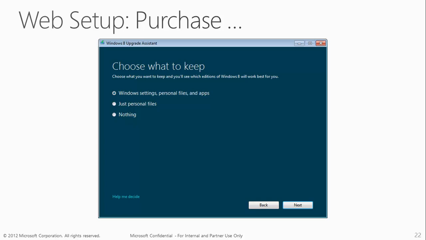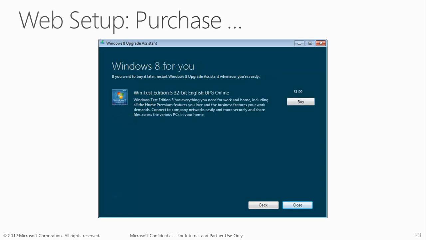and the Windows settings, personal files, and apps option is selected here, then you're going to see a screen very similar to this. Now, this is just showing sample data that was present during a point in time earlier in the development process. So it'll actually be Windows 8 here in this case, or Windows 8 Pro, depending.